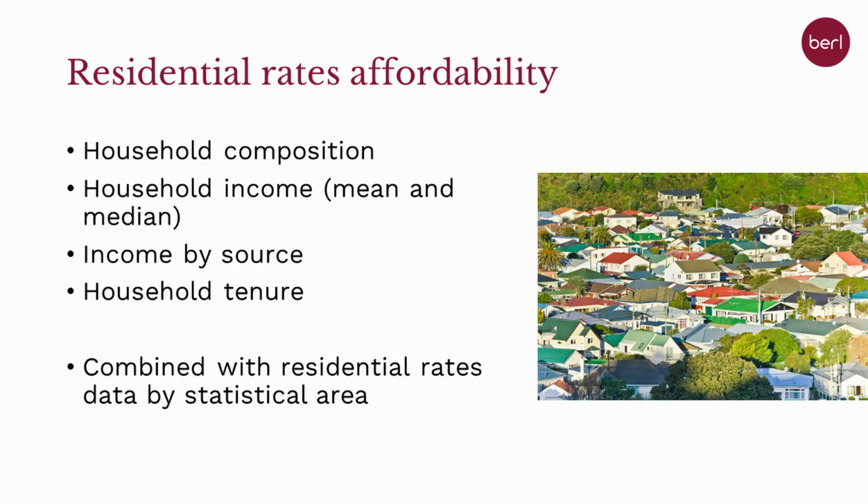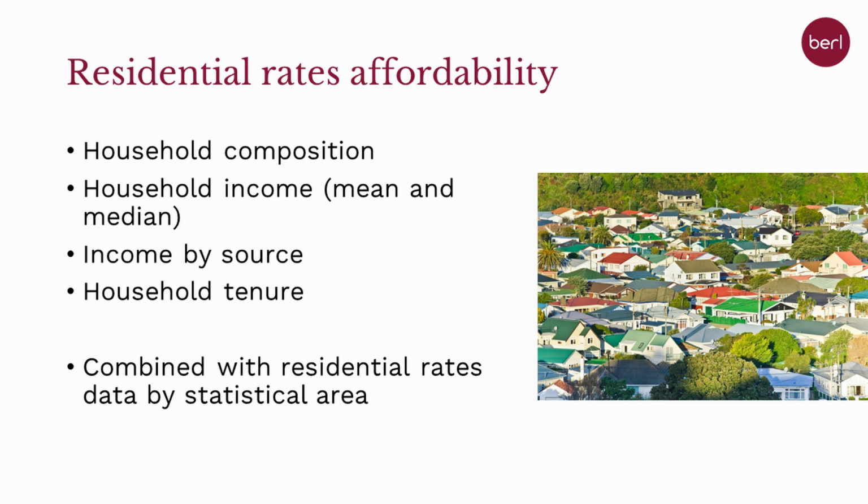The first example is reviewing and monitoring of residential rates affordability using census data along with council data. To that end, councils would need the following census data: household composition data to inform councils on the number of households which, for example, are comprised of over 65s, sole parents, young families, couples with no kids, multi-generational families.